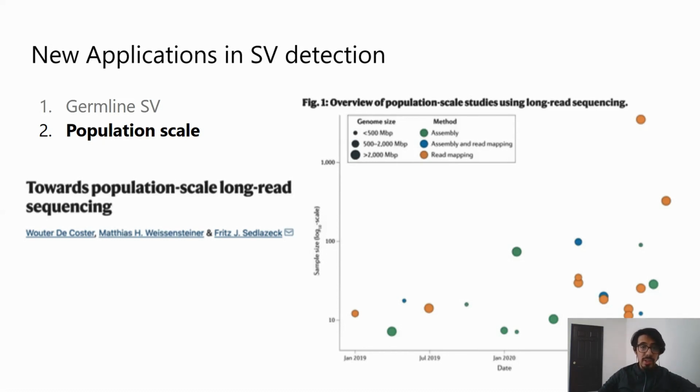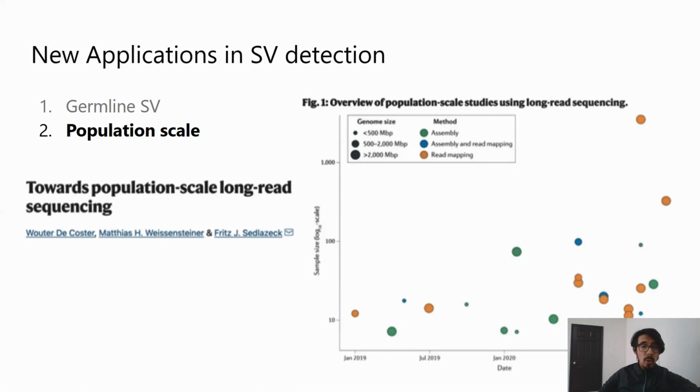Just in the past 3 years, we went from the tens of individuals sequenced with long-read technology to the thousands. And future studies aim to reach 1 million individuals sequenced with Oxford Nanopore technology.